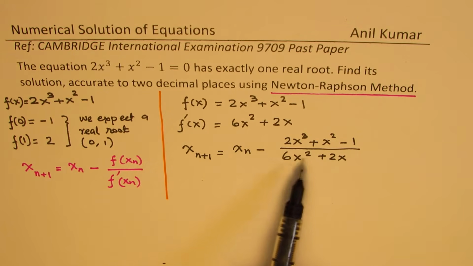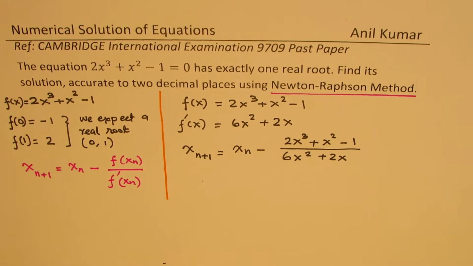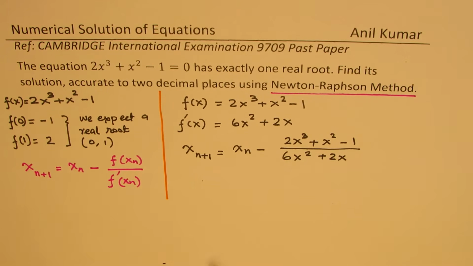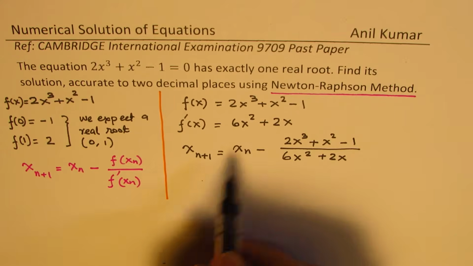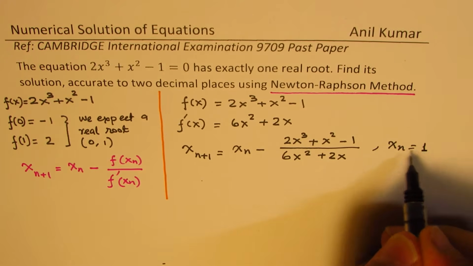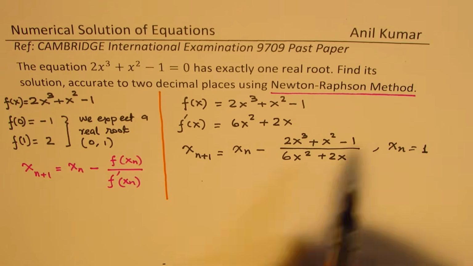So the derivative is 0 at 0, so we cannot use 0. So we will start with 1 and approach towards 0. Okay, so we'll start with xn equals 1. So that becomes our starting point.